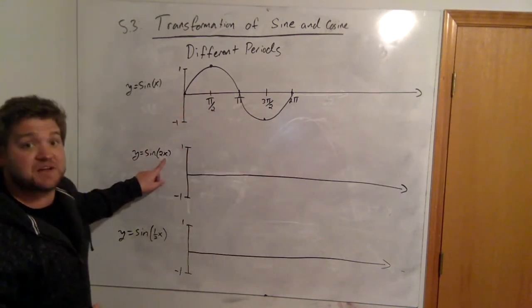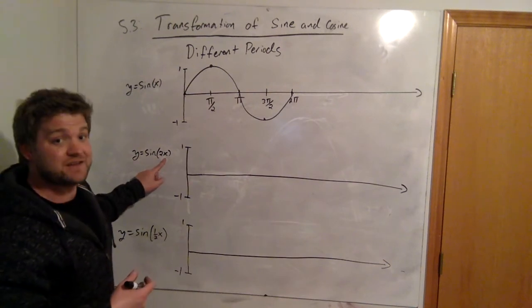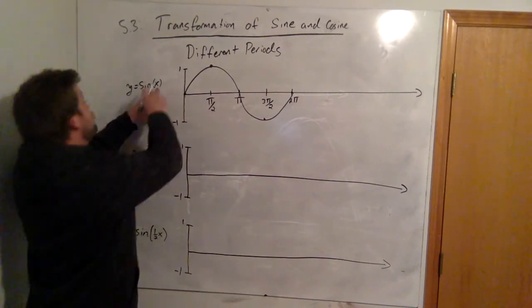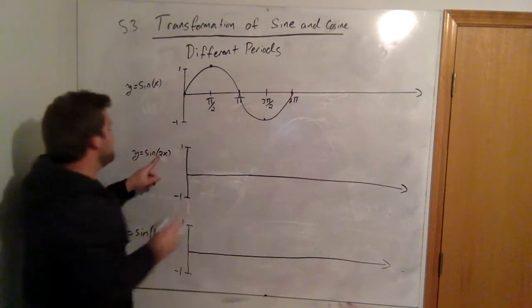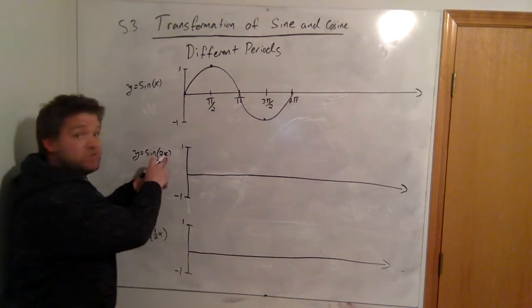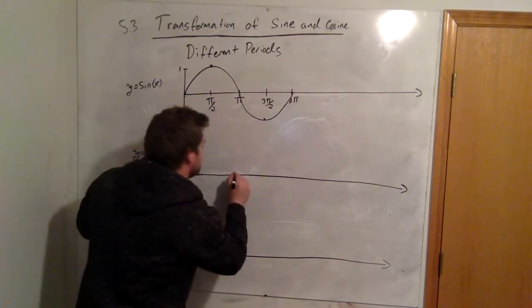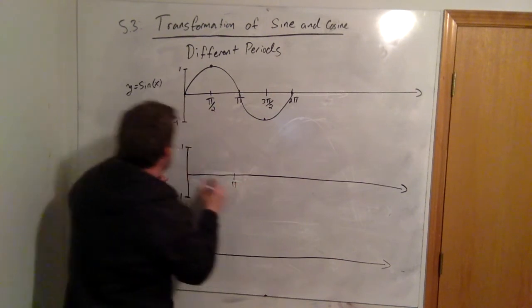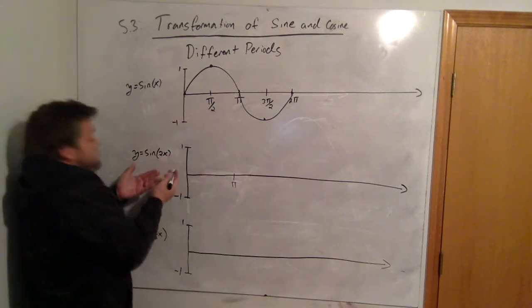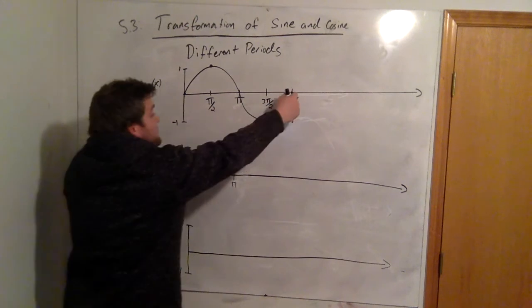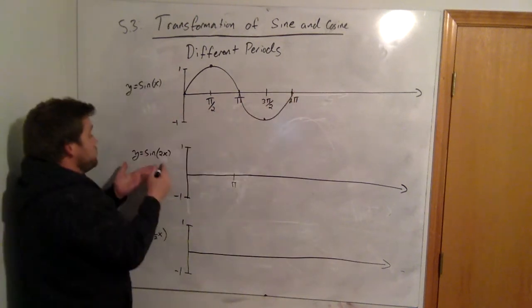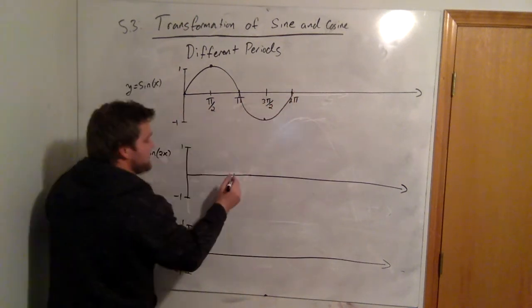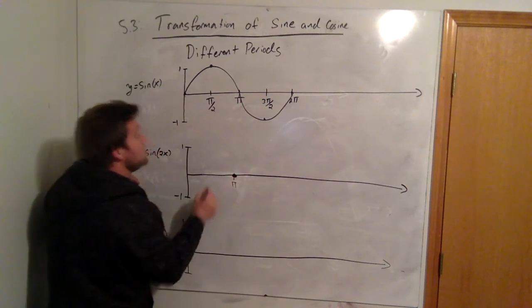I only need to plug in an x value of pi to get there. So now if I plug in pi, it takes me less to get to the end of my period than here. So I should be right here.